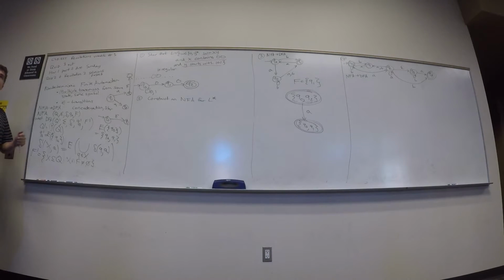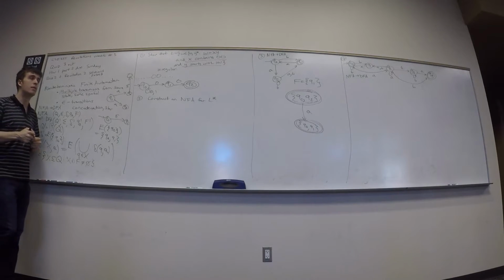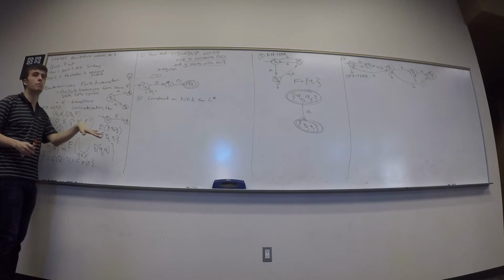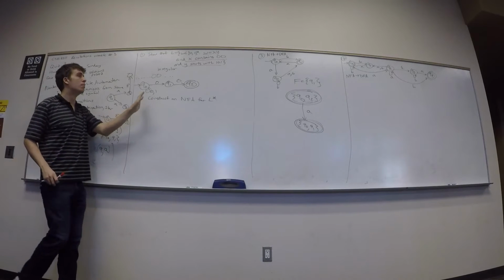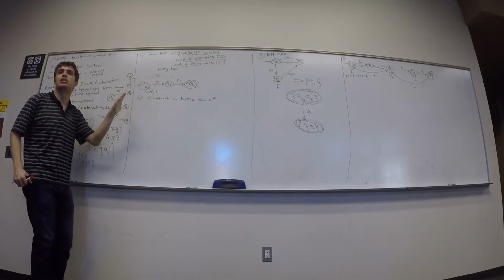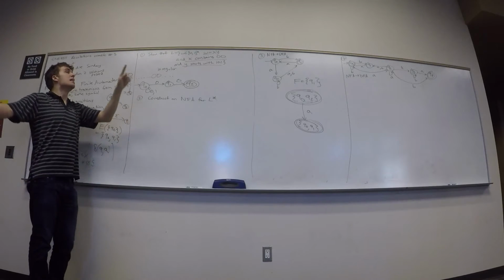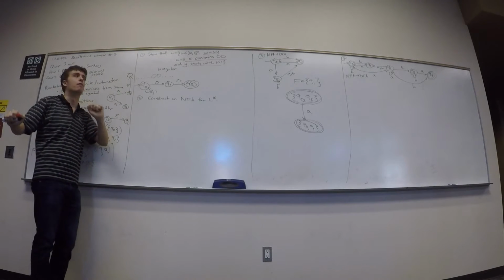What have I forgotten? Well, you don't have to make it a total function, do you? Formally it is, but you define all the other ones to be empty set. But is there any other non-empty transitions I should put? Should have Q2 loop on itself. Yes, I should have Q2 loop on itself.